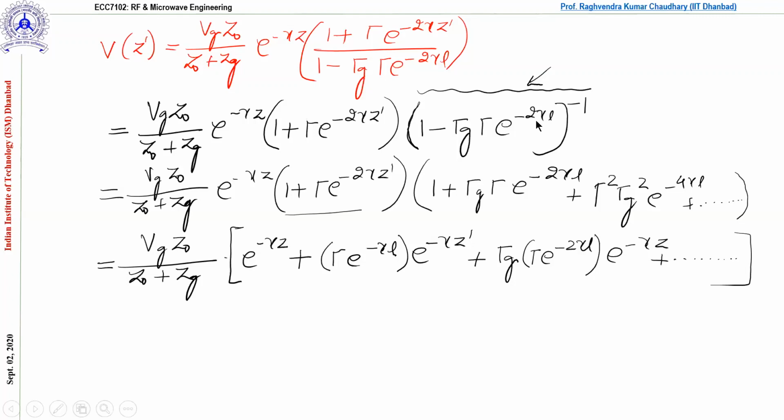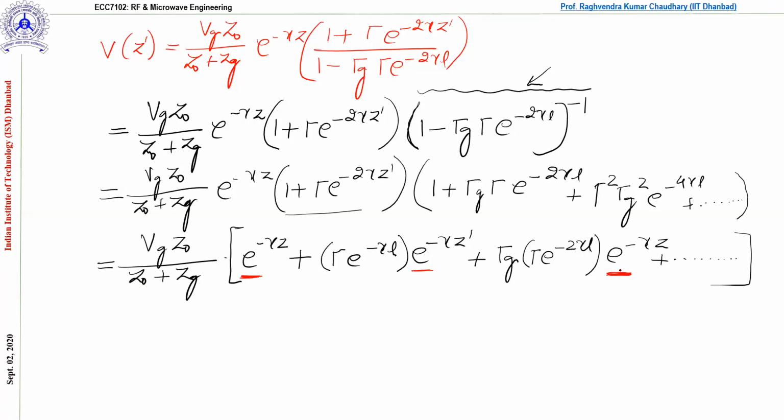Now the thing is, if you see carefully this equation, or the outcome actually, this is the forward going wave e to the power minus gamma z, and then after we have e to the power minus gamma z dash. This is what? This is a reflected wave, and then we have the forward wave, like that. Means forward backward, like that.